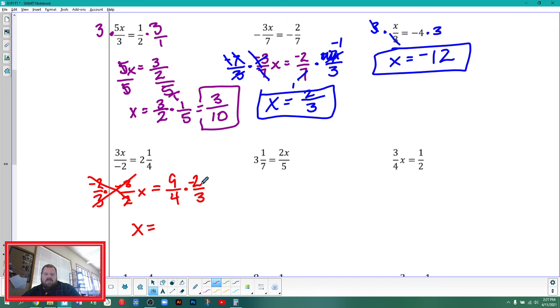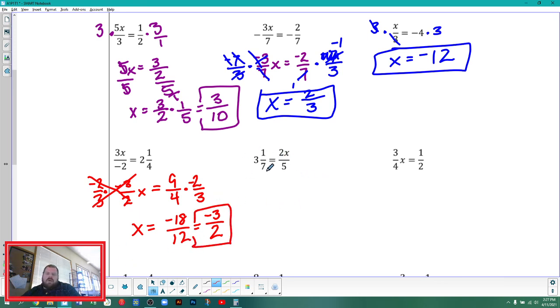If I don't, I have 9 times negative 2, which is negative 18, and 4 times 3, which is 12. The only issue is that both those numbers are multiples of 6, and so I can reduce them by 6. Negative 18 divided by 6 is negative 3. 12 divided by 6 is 2. Negative 3 over 2.